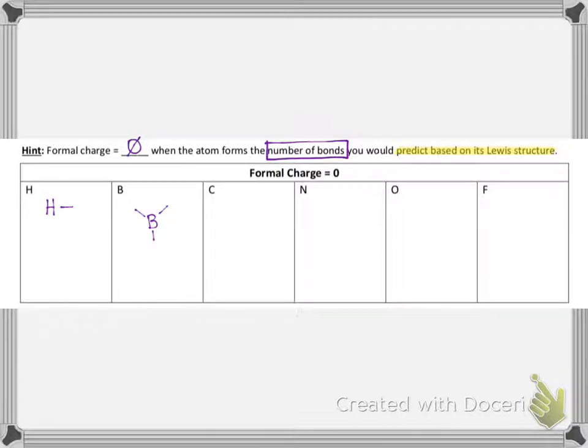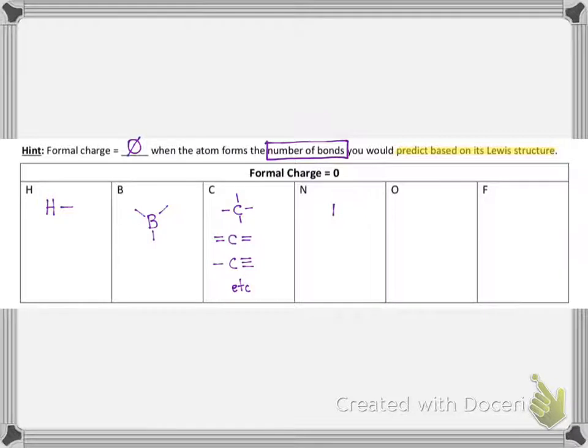Carbon, of course, doesn't want to have lone pairs, and it always needs to form 4 bonds. That can look like a lot of different things. It can have 4 single bonds, 2 double bonds, a triple bond and a single bond, or any combination. But basically, carbon with no lone pairs and 4 bonds total has a formal charge of 0.